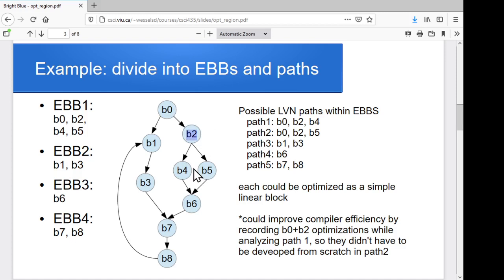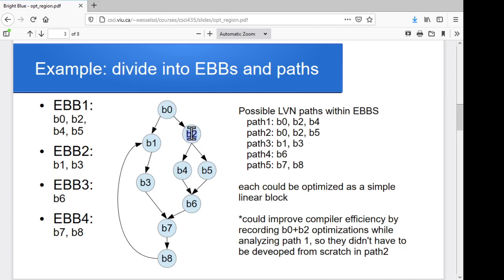So to make this more efficient, when you're actually implementing the compiler, you would have it store state information. Once I've analyzed the top part of a tree, I'll remember that so that I can complete the analysis with B5 and do my optimizations there, and then back up and restore the information I'd remembered about B0, B2, and from that restored information proceed and do the B4 analysis with it.